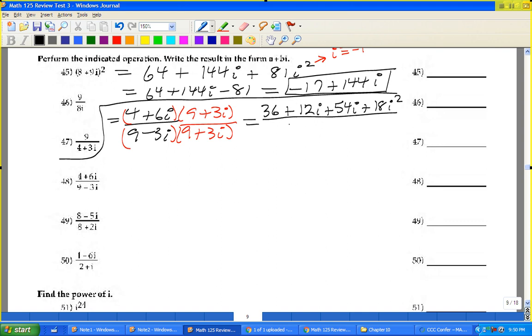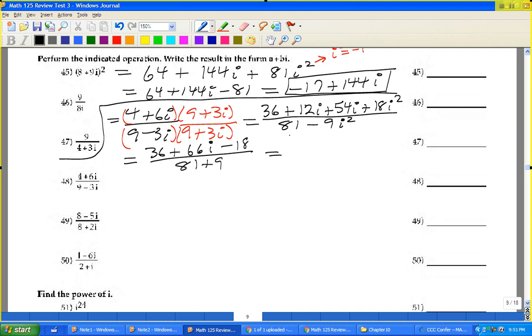Over 9 times 9 is 81. 3i times 3i is 9i squared. And so you get 36 plus 66i minus 18, since i squared is negative 1, over 81 plus 9.